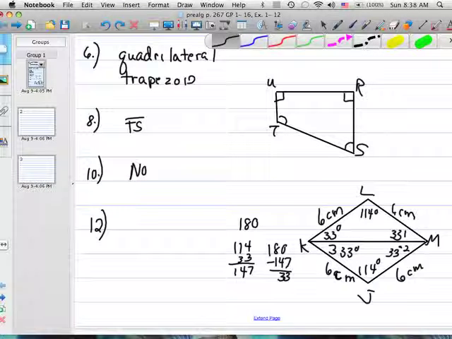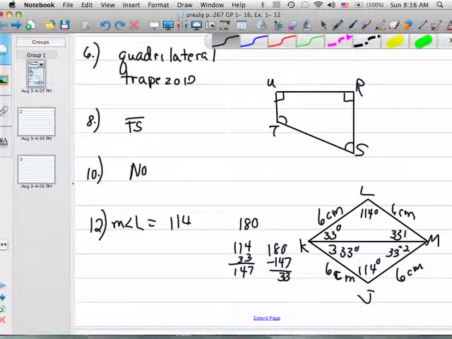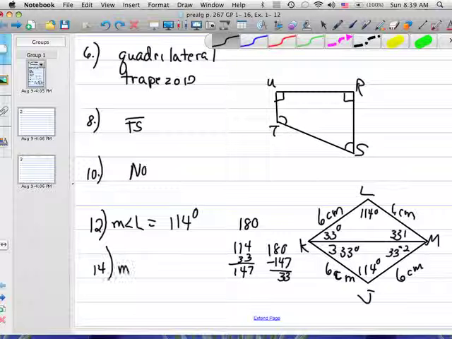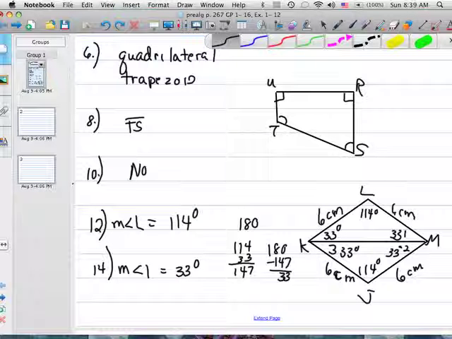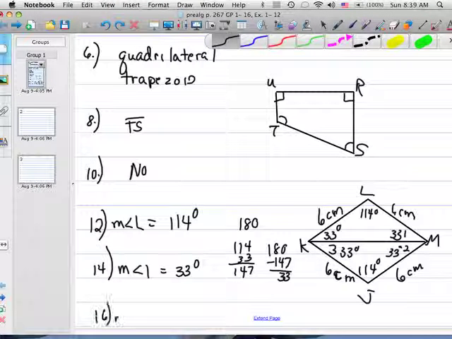So problem number 12, the measure of angle L is 114 degrees. And number 14, the measure of angle 1 is 33 degrees. And number 16, the measure of angle 3 is 33 degrees.